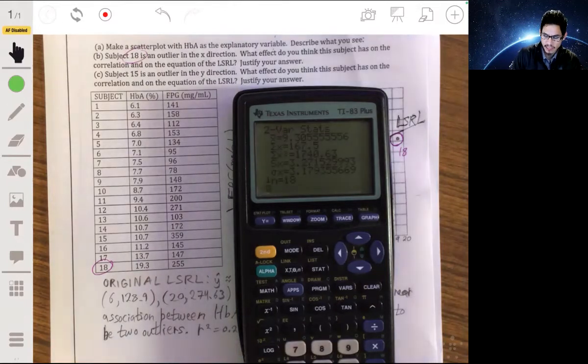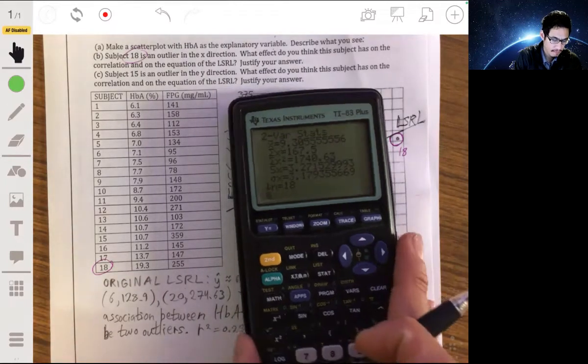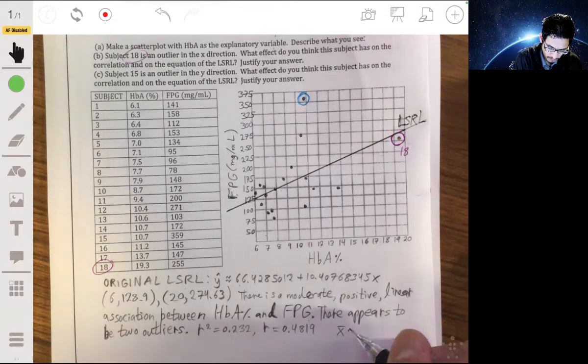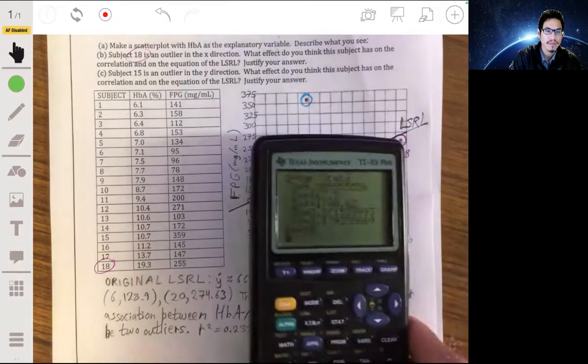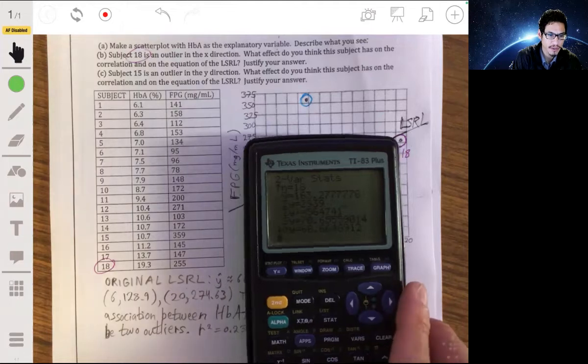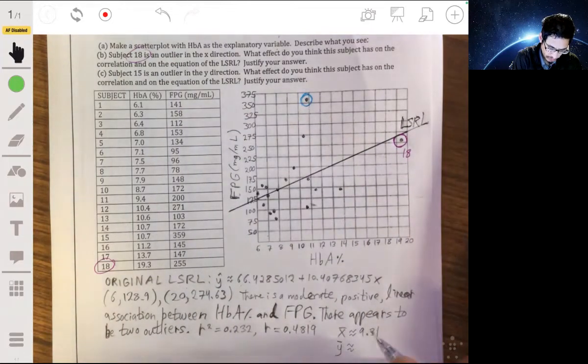We get X bar is about 9.31. Let's write that here. And Y bar is about 163.28, we'll just write it like that.